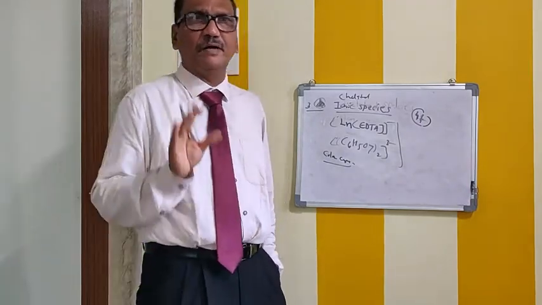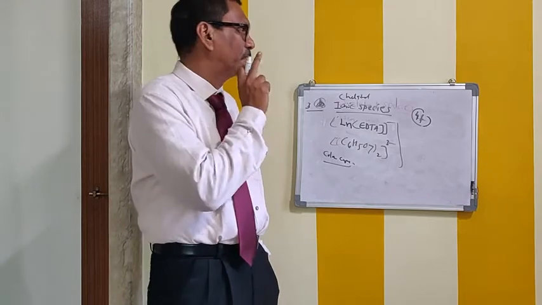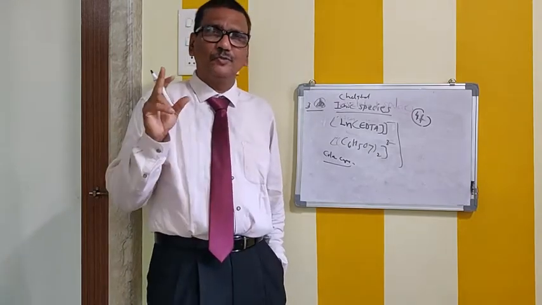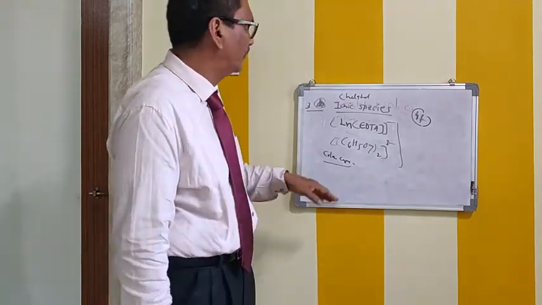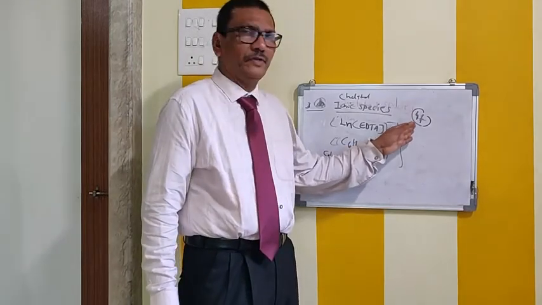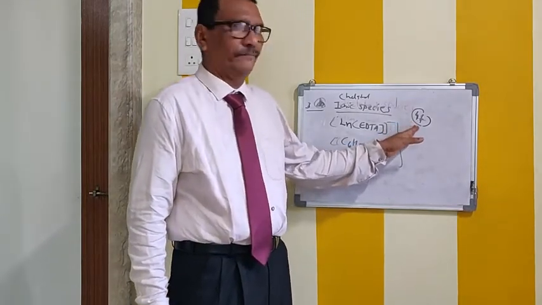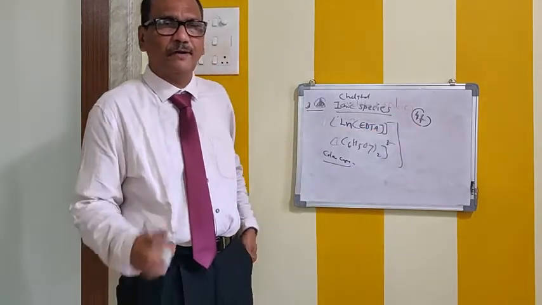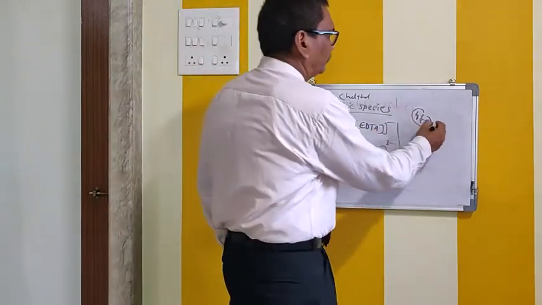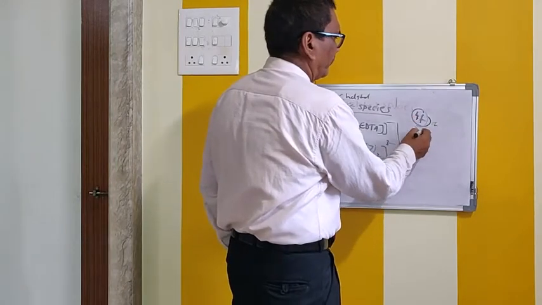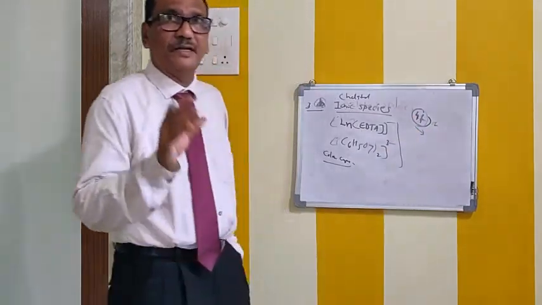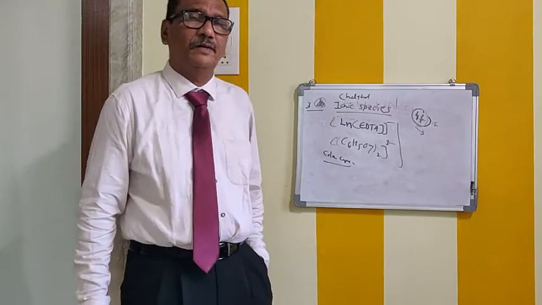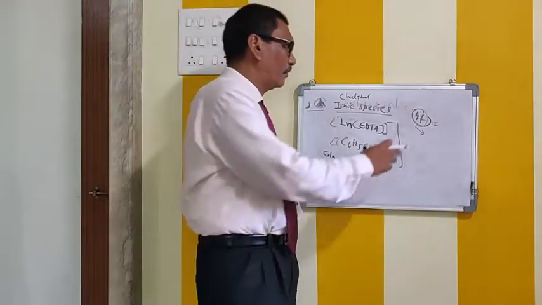But the very important fact that you have to keep in mind is that the 4f electrons, which are responsible for these colors, are deep inside the atom and well protected by the outer 5s and 5d orbitals, and that's why these 4f electrons do not come in contact with the surrounding ligand field produced by the ligands, and no bonding takes place.